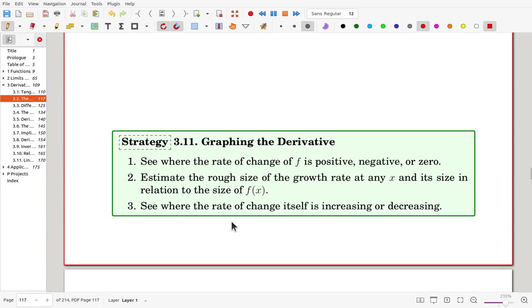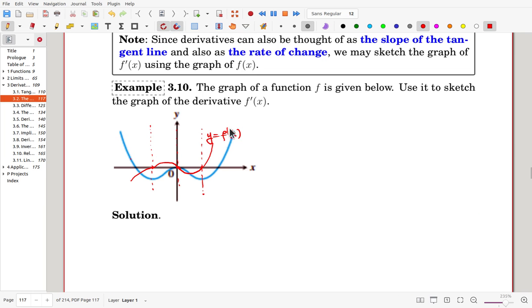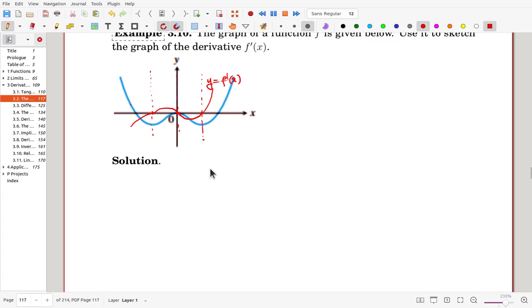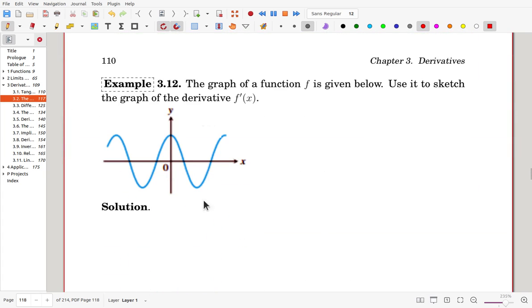But if we want quite a detailed sketch, then we have to consider this quite accurately. But anyway, this is a rough sketch of the graph of the derivative.